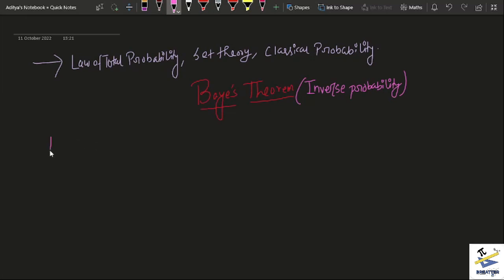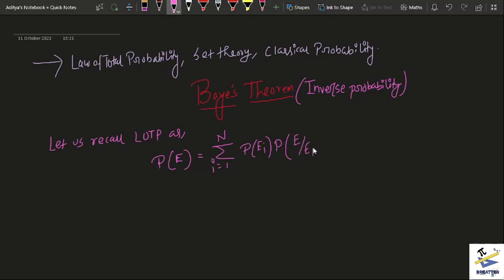So first, let us recall the law of total probability, or in short LOTP, as probability of E equals summation i equals 1 to capital N, probability of Ei into probability of E given Ei.